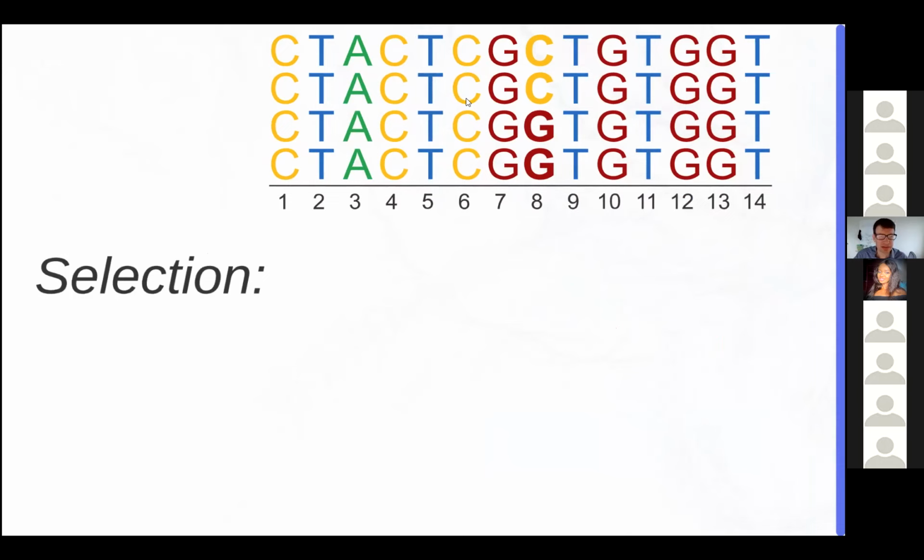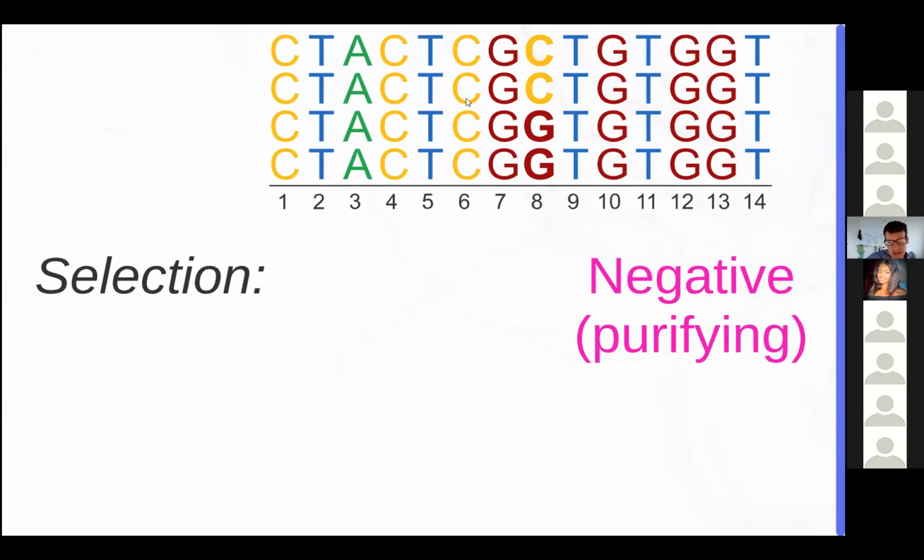And so selection, of course, would be that the reason for this is because there's some kind of natural selection. And I won't ask you guys the question, but there's three versions of selection or evolution that we're going to think about. We're not going to get super fancy here, but the first is negative selection or purifying selection. So take a second to write that down and remember.